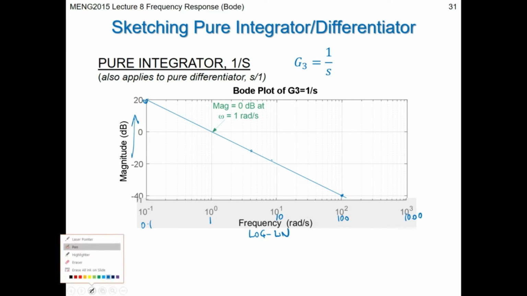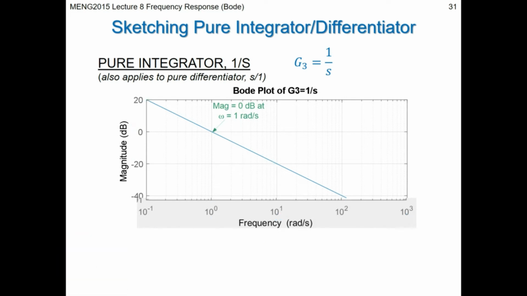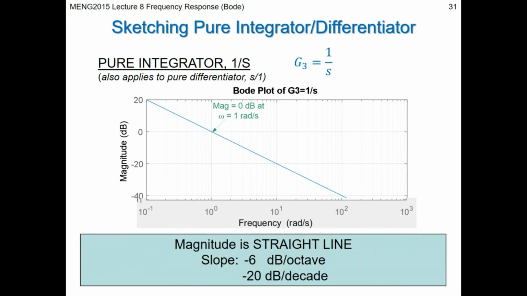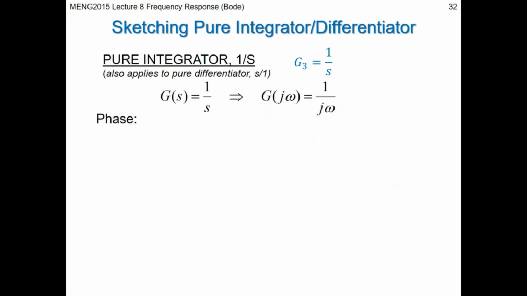Okay. So we've plotted our pure integrator. We determined it's a straight line. It has a gradient of minus 20 decibels per decade, or minus 6 decibels per octave. What about the phase? Now we said for the pure gain there's no phase because there's no imaginary part.